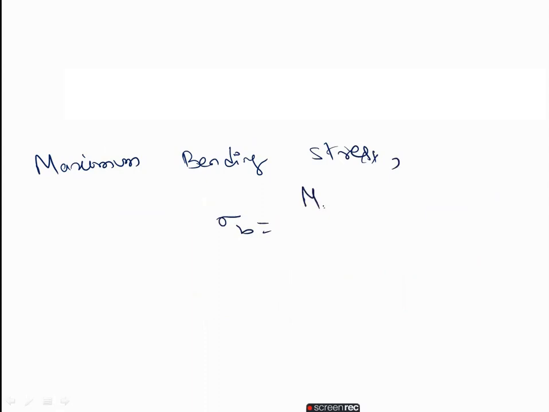The next one, maximum bending stress, that is sigma B equal to Mmax into Yc by I. This is the maximum bending stress formula. We know already I and also Mmax.